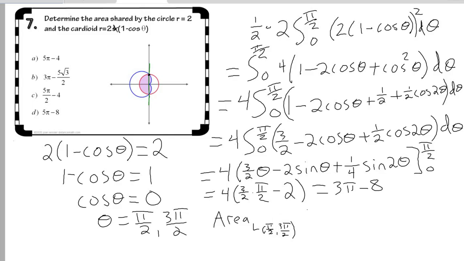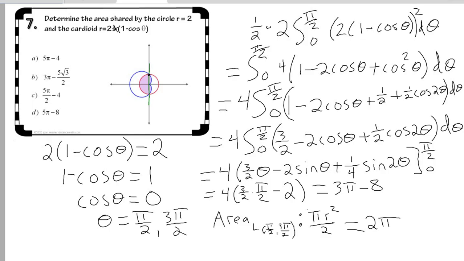Again, if we had to set up an integral, it's important that we remember what our bounds are there. But basically, it's just pi r squared divided by 2. Our r is going to be 2. So we get 2 pi.